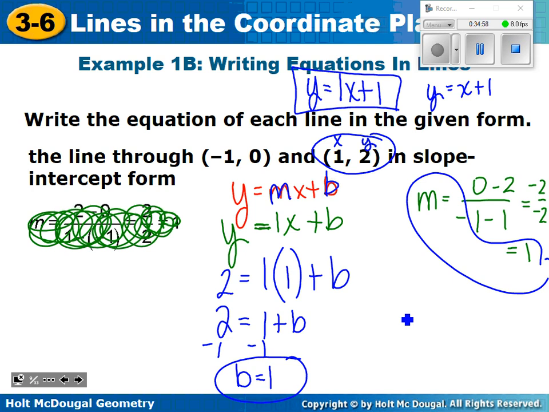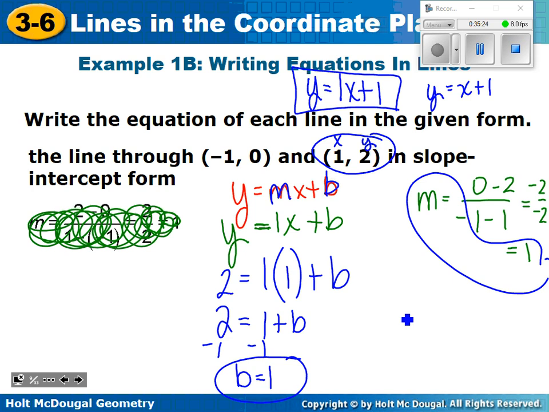Pick one of those points, which is technically what we just did there, though, right? We picked a point, plugged it in, solved for b. If you picked a point over here, so pick one, which one do you want to use? Okay, negative 1, 0. So then what's going to go in for y1? So we would have y minus 0 equals 1 times x minus, so plus 1.